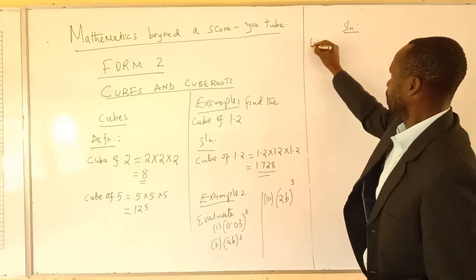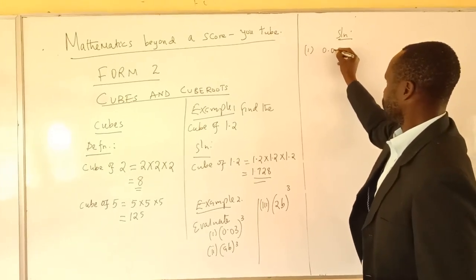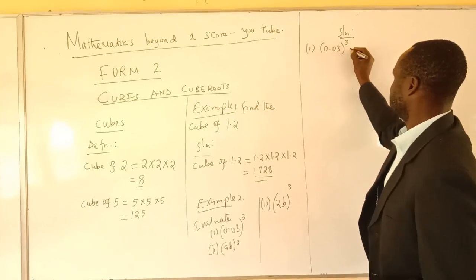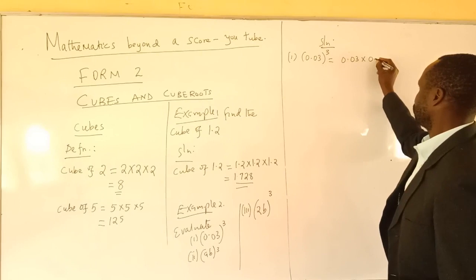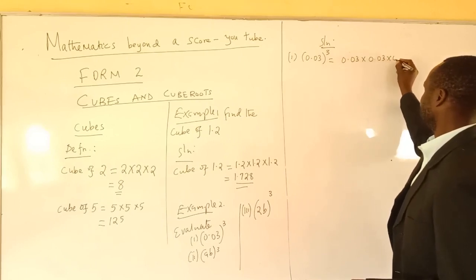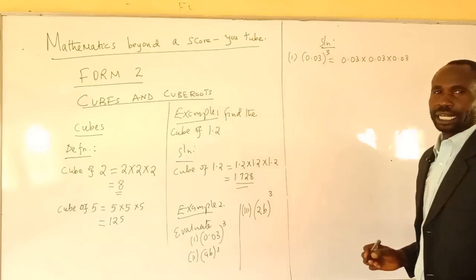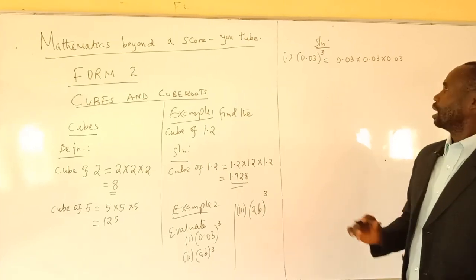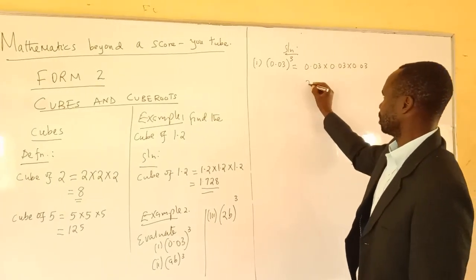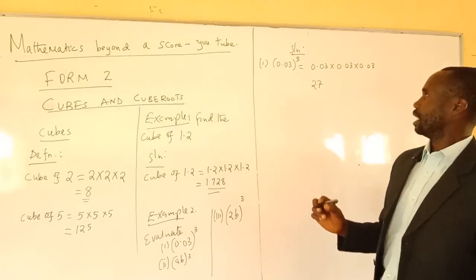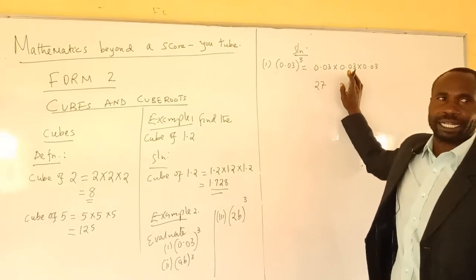So part 1 is 0.03 cubed, which equals 0.03 multiplied by 0.03 multiplied by 0.03. Look at how I'm multiplying it easily. 3 multiplied by 3 multiplied by 3 is 27. Then how many decimal places are here?